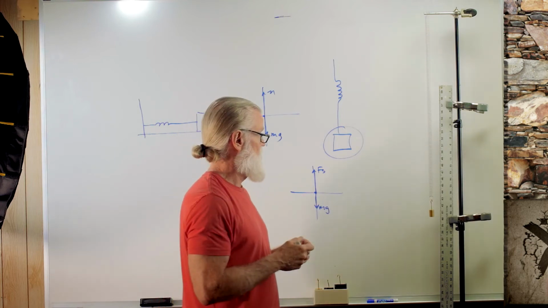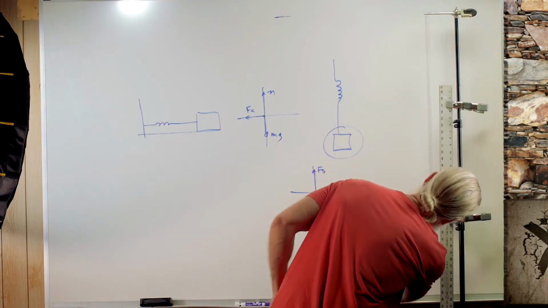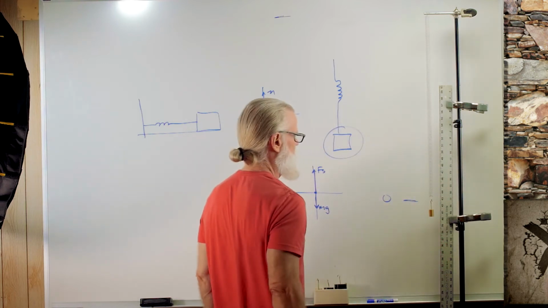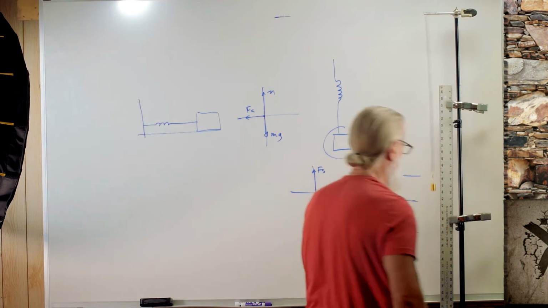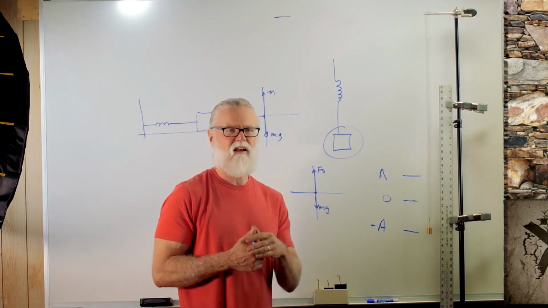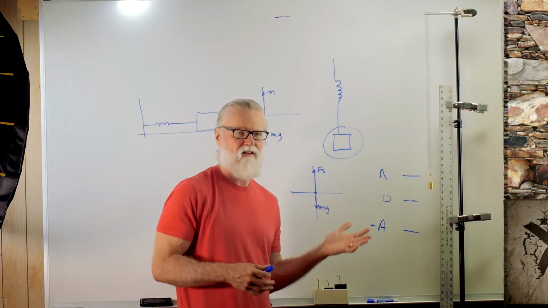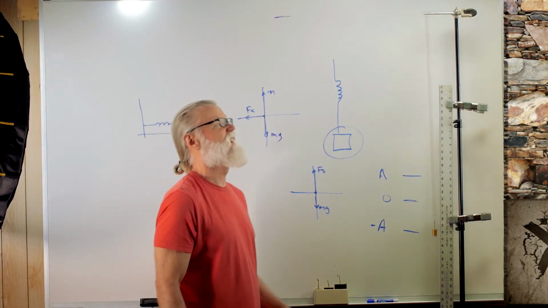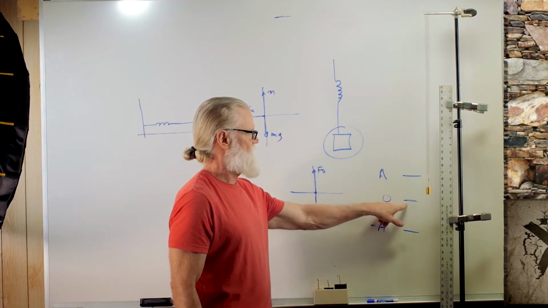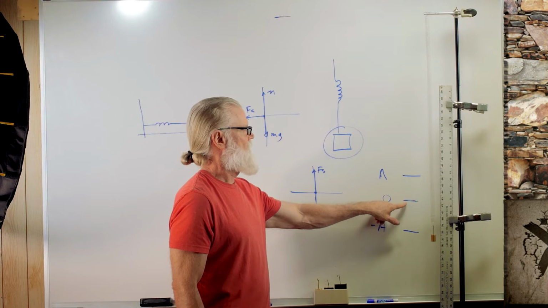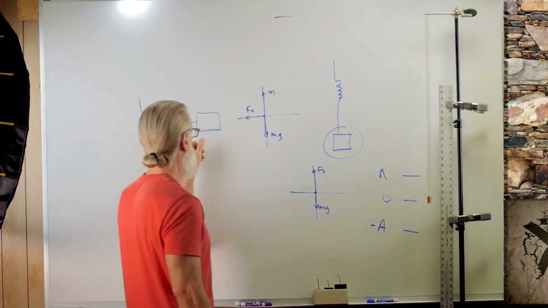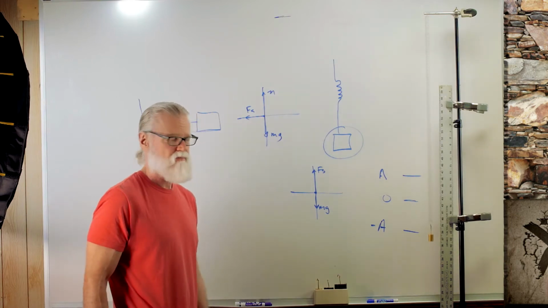So it'll oscillate back and forth about the new equilibrium position, and we're just going to analyze this like a horizontal oscillator, even though it's moving vertically. The only thing we worry about with gravity is where the new equilibrium position is. So we're going to continue to use this model.